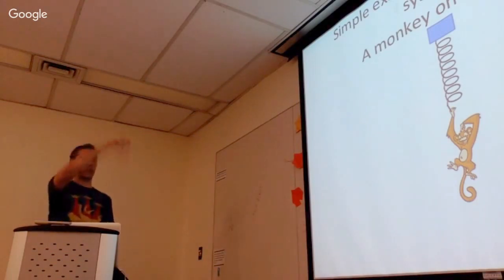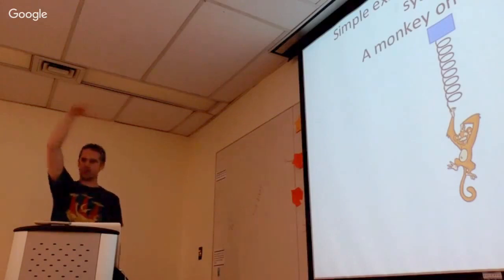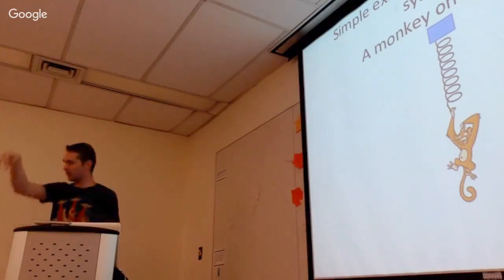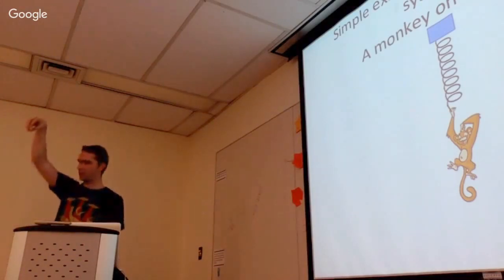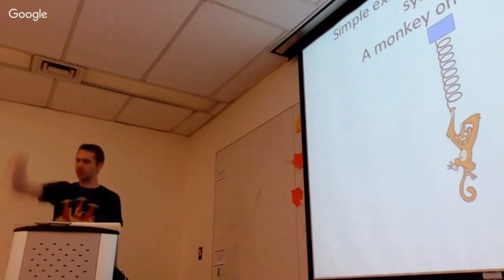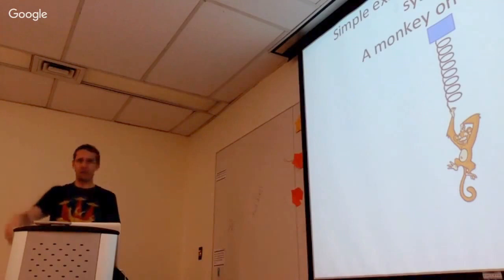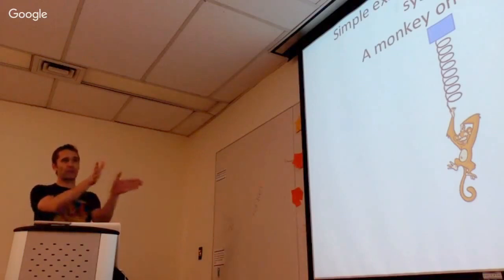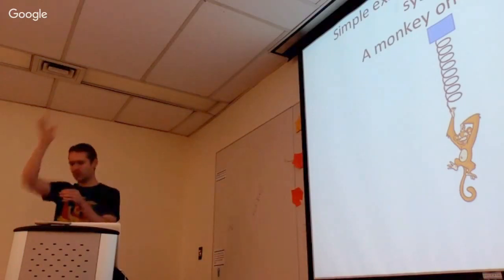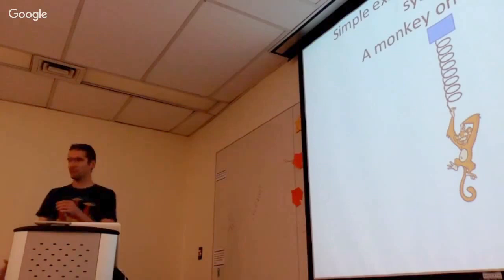The monkey will be attracted by gravity and then pulled up again by the force of the spring, basically oscillating forever, because there's no friction. So the monkey will just go up and down in one dimension, right? Even though we're in a three-dimensional space, we basically just have a movement that goes up and down.